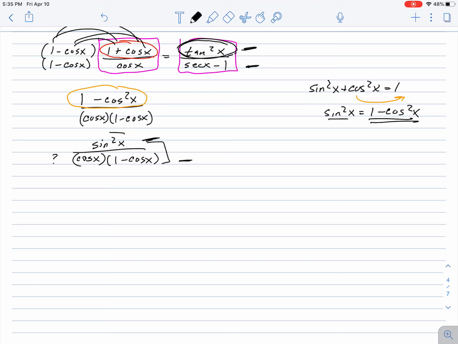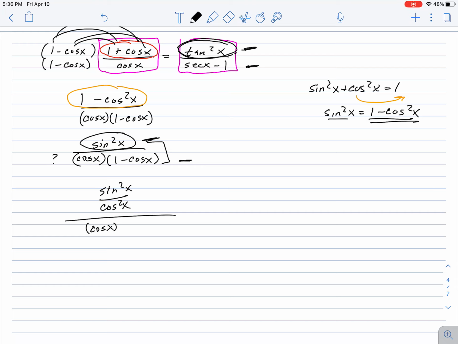I want a tangent, and I've got a sine squared. The way I create a tangent with a sine is I divide by cosine, because tangent is sine over cosine. Now, that is only legal on a fraction if you do the same thing to the bottom.